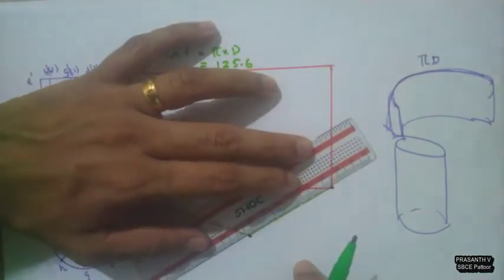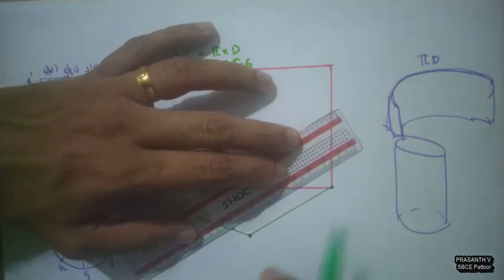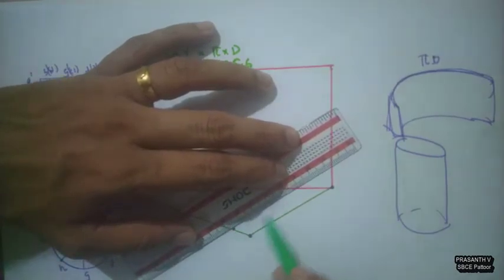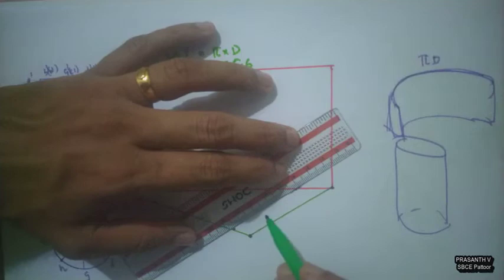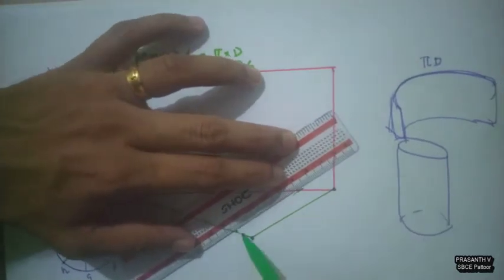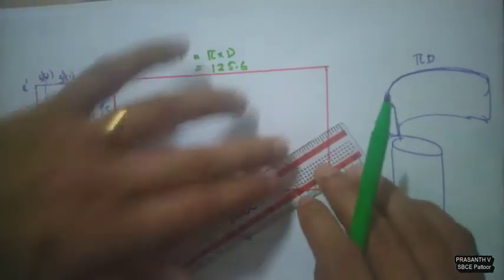Now if I draw lines parallel to this line, I will get 8 points.